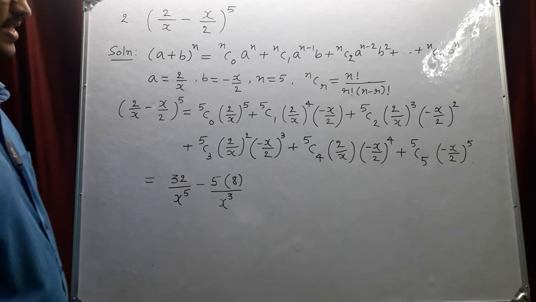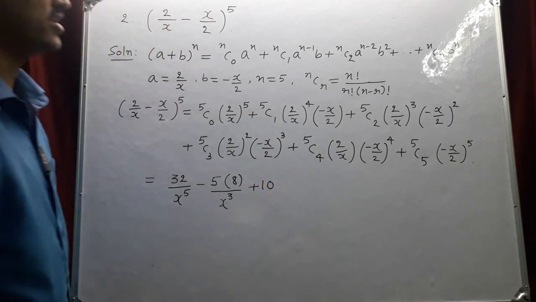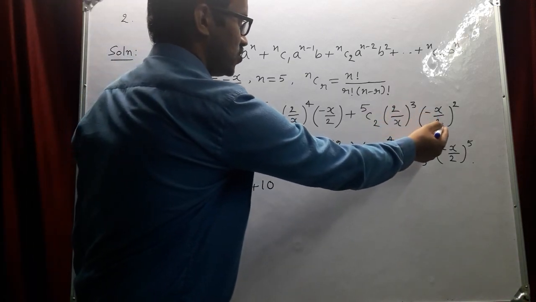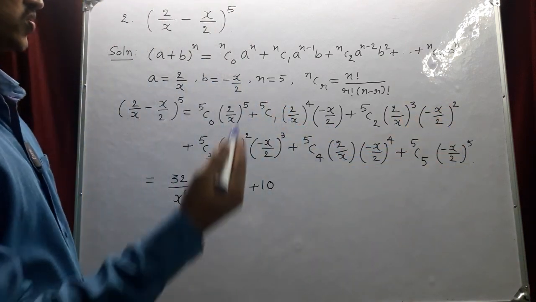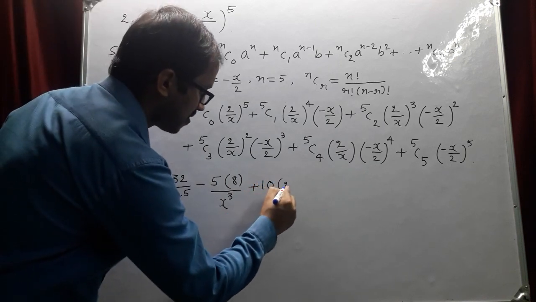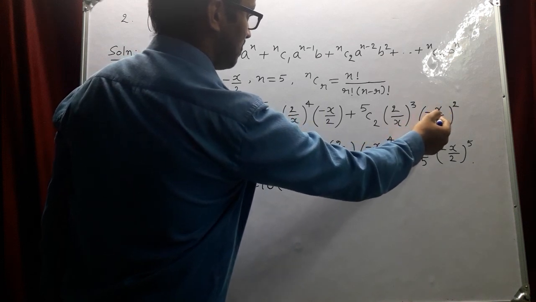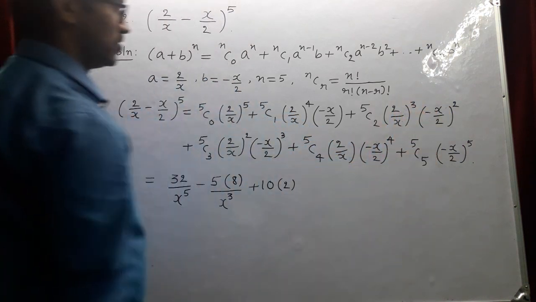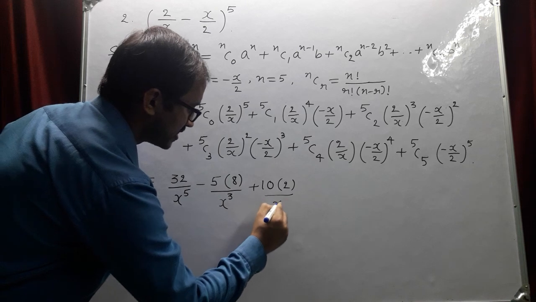Here 5c2 means 10 into, see here, 2 cube divided by 2 square. So 2 square will get cancelled, that is 2. Here minus whole square becomes plus. Here x cube, here x square. So x square we can cancel, so what is remaining, that is x.